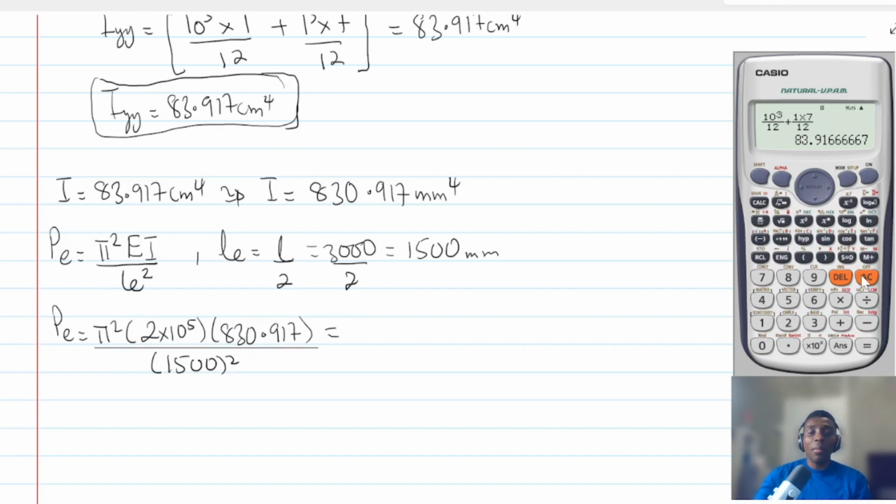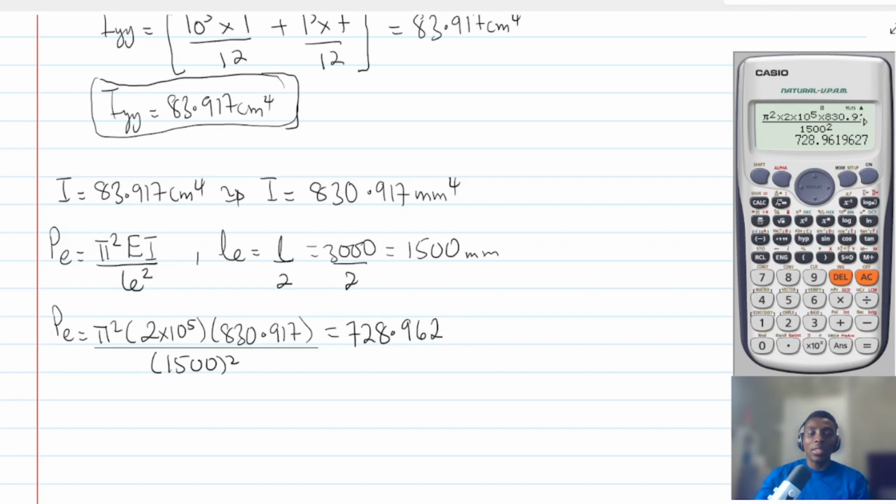So basically you end up with pi squared times 2 times 10 to the power 5 multiplied by 83.917 divided by 1500 squared, which is 728.962.